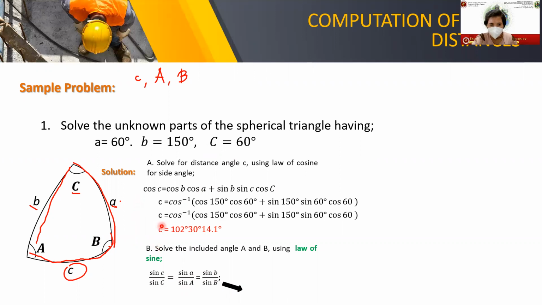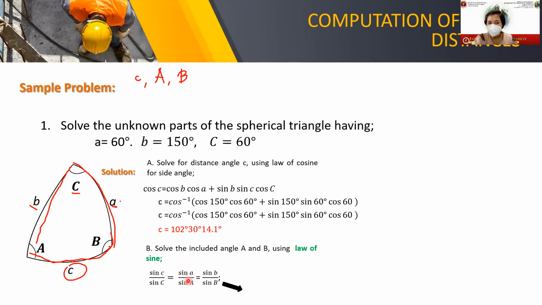So let's try. Since we already have C, we can use this one. We have the given interior angle C, and we already have the given side A. If we are going to compute for interior angle A, we can use this relationship here.